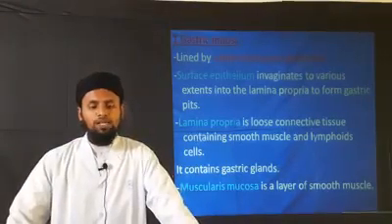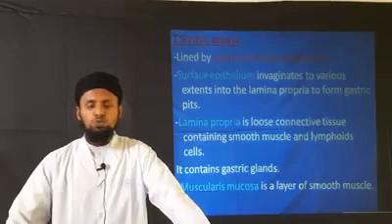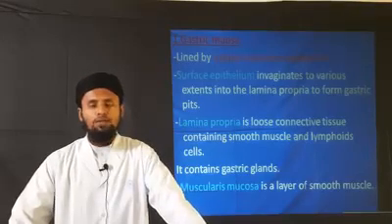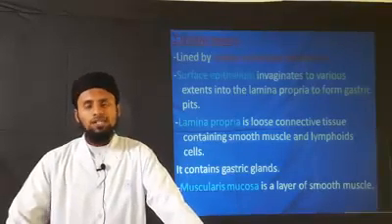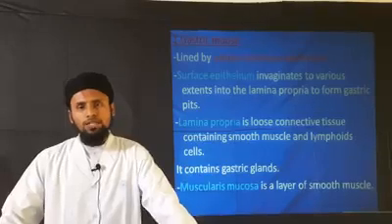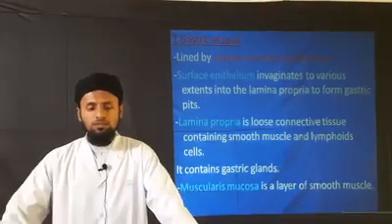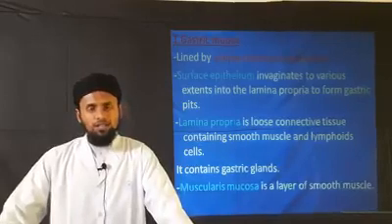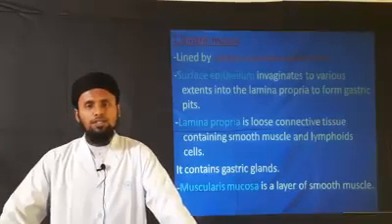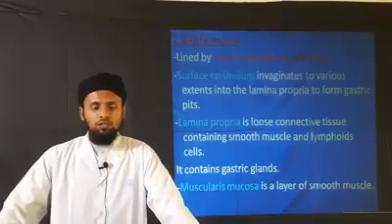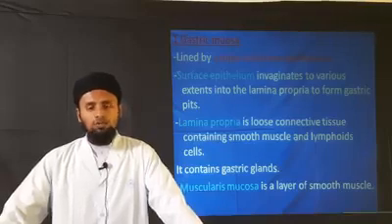Then lamina propria is loose connective tissue containing smooth muscle and lymphoid cells. It contains various types of gastric glands such as fundic glands, cardiac glands, pyloric glands. Muscular mucosa is a layer of smooth muscle.